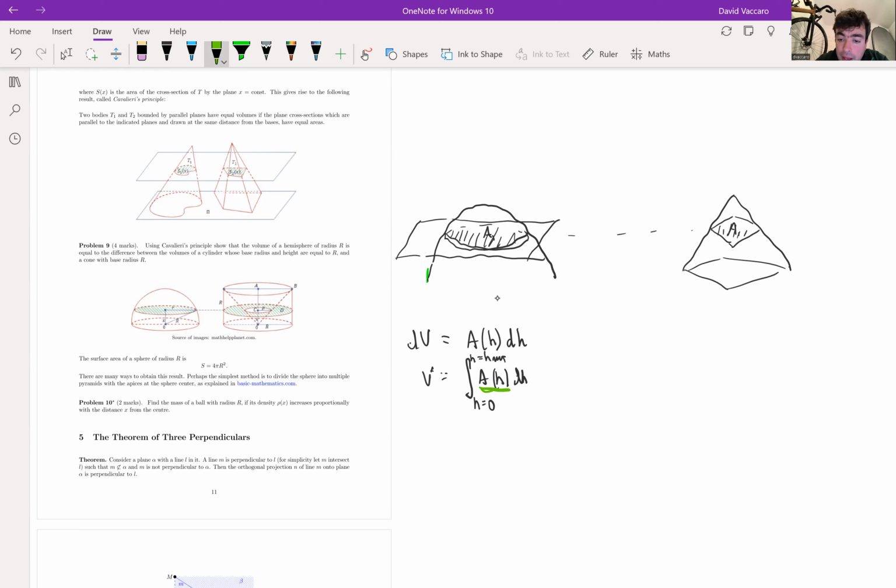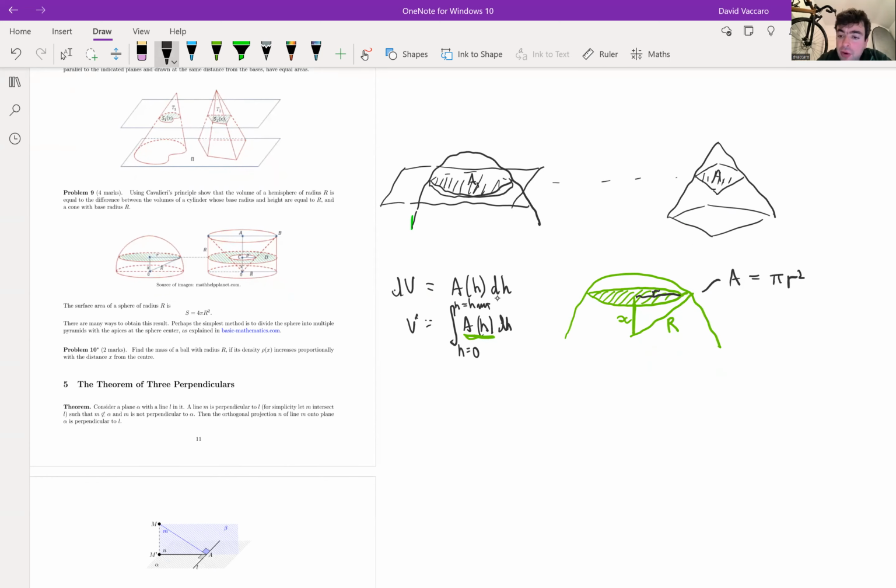And Cavalieri applied this to a sphere. So if we imagine a sphere, and the sphere has got radius R, then at height x, the cross-section is a circle. Now, what is the area of that circle? Well, it's pi, and I'll call it little r squared, where little r is the radius of the circle at that level.